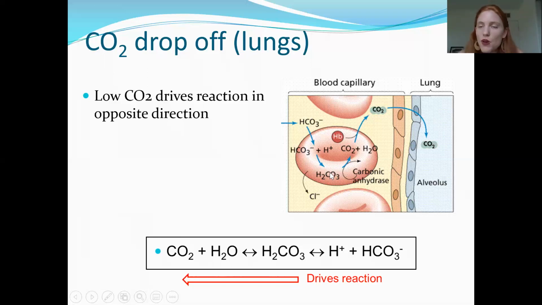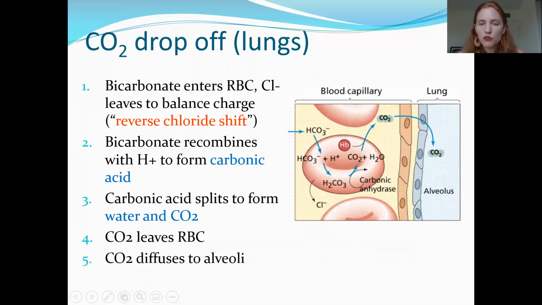Okay, so you're just doing the opposite of what you did before. Again, if you're going to gain a negative, you need to lose a negative. Now you have these extra chlorides in there, so you can lose some of those. That's called the reverse chloride shift. The chloride shift, remember, was when you were taking the bicarbonate away from the cell.